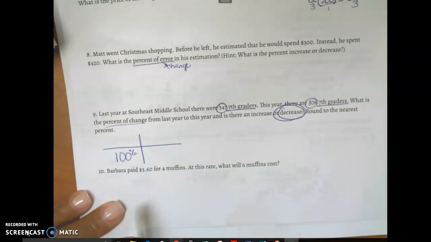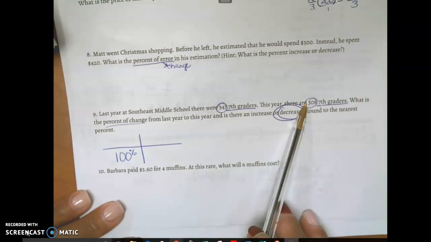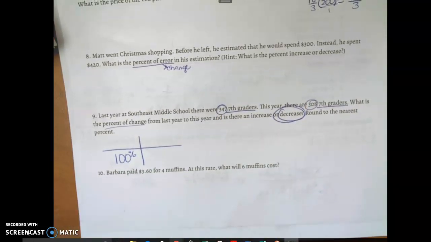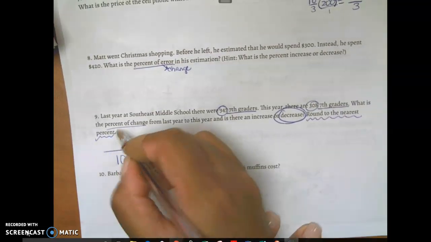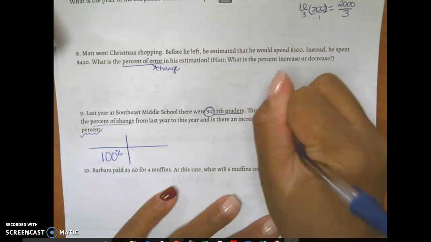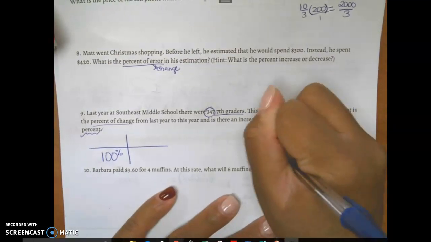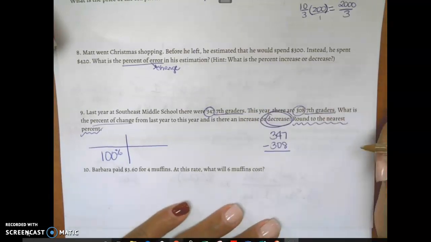So, I have my percent proportion, and then I have 347 and 308. What do these numbers mean? And round to the nearest percent, by the way. But before I round, what do I have to do? Subtract. 347 minus 308. What is 347? 7th graders at the school.